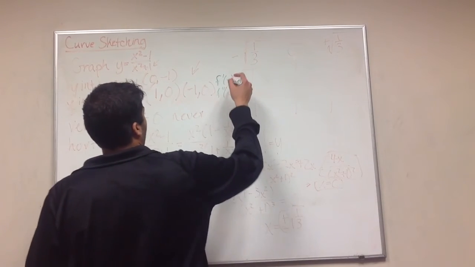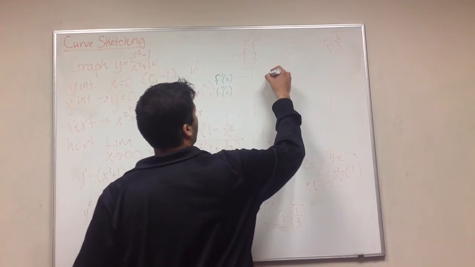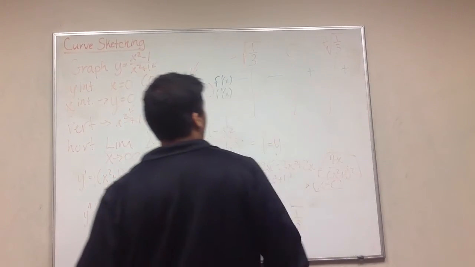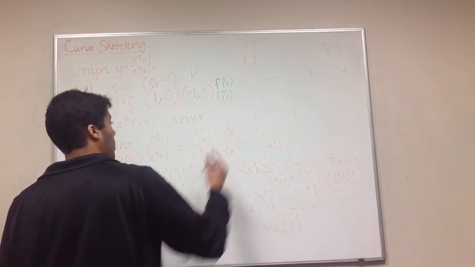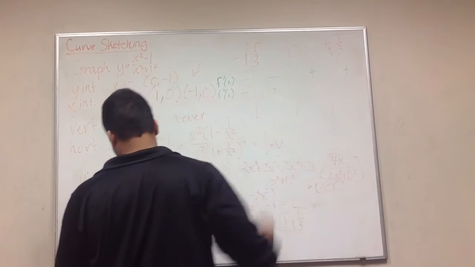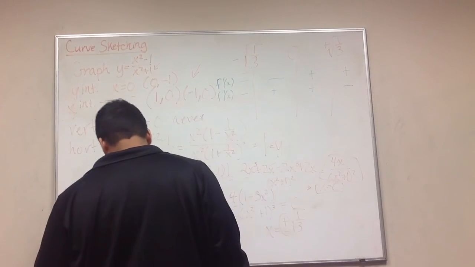Now when you plug in these values, you get negative, negative, positive, and positive values. I went ahead and worked these out. We have a negative value here, positive value, another positive, and a negative value.